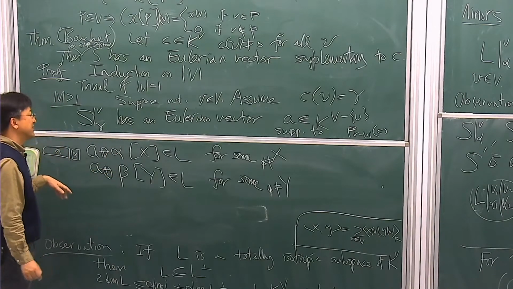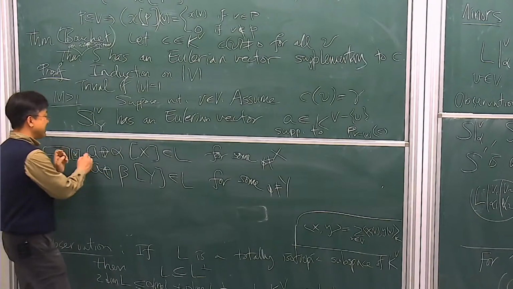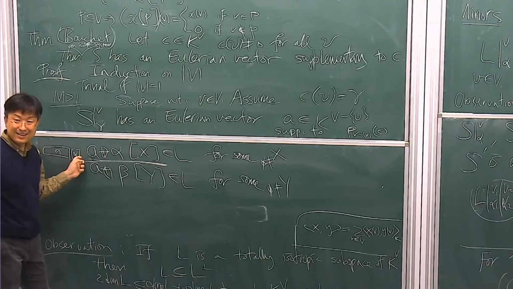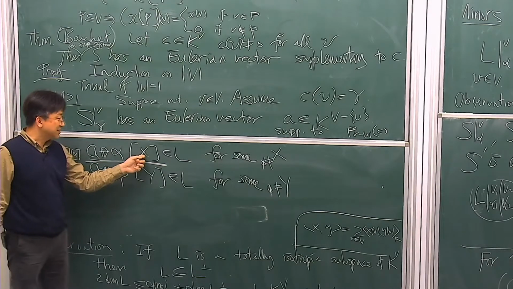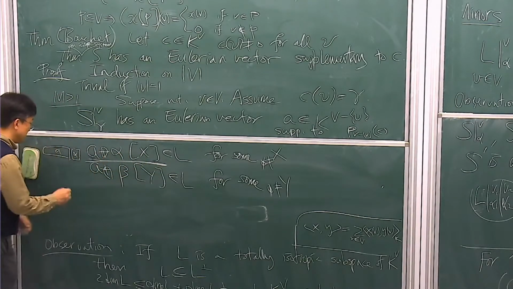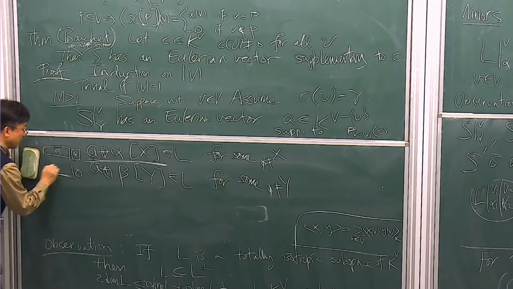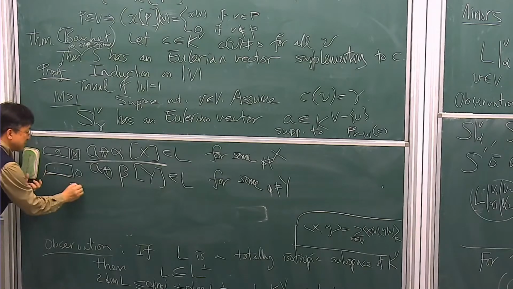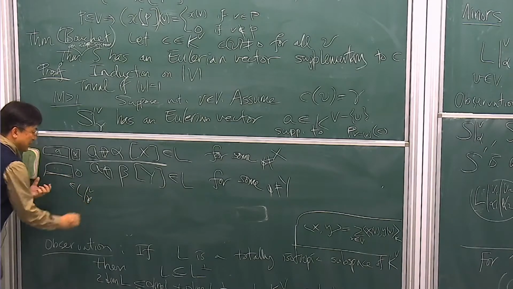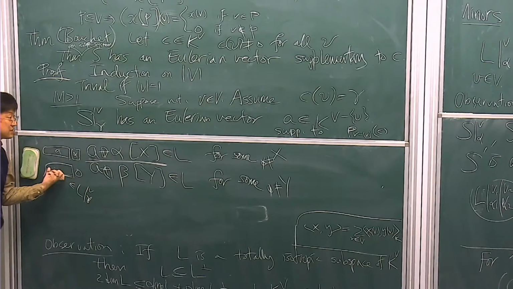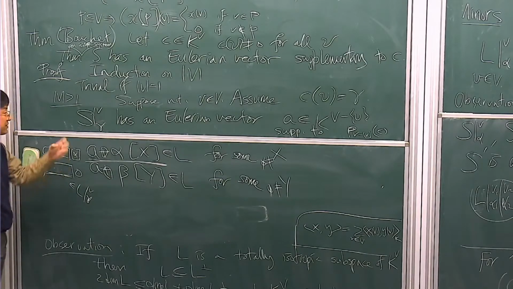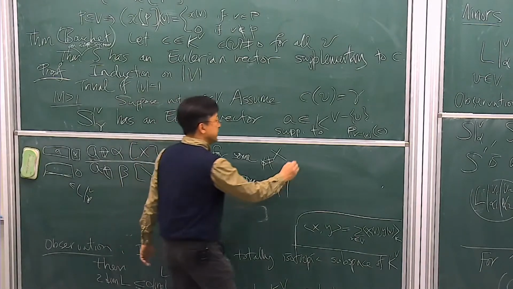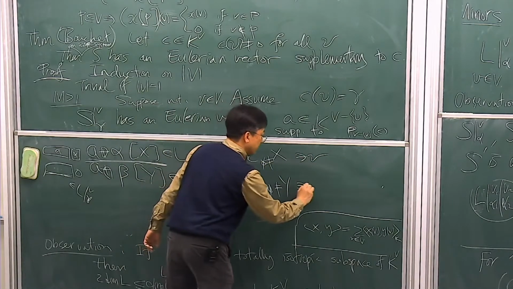No, that's not what I mean. This thing was in L, right? But if X doesn't contain V, then that one looks like 0 and something. But this is going to be in L V gamma. There's a contradiction to the fact that A was an Eulerian vector for this. So that means X contains V, and similarly Y contains V.